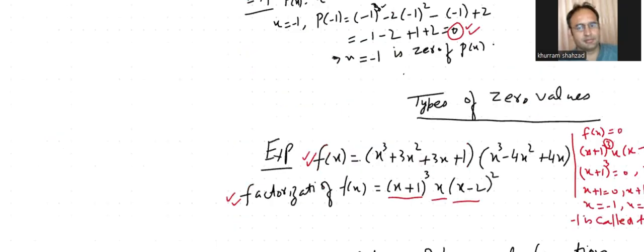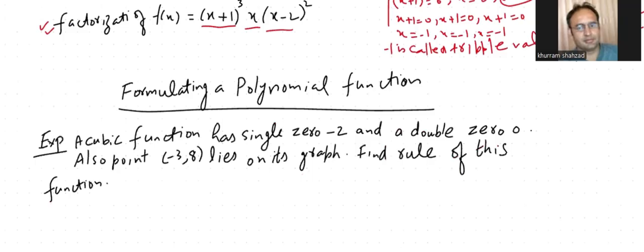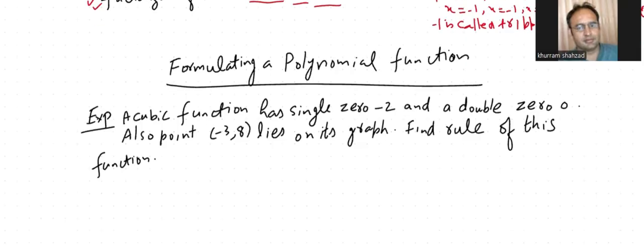Next, there is an application of the zero values. Suppose we are asked to find the polynomial rule.